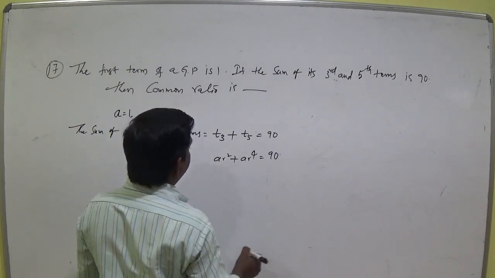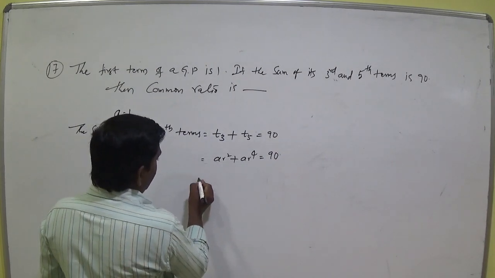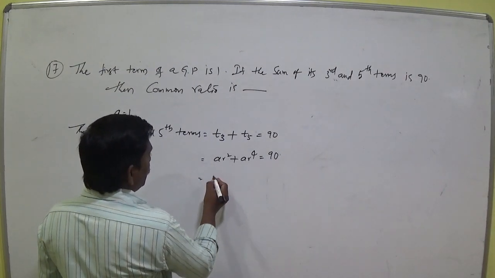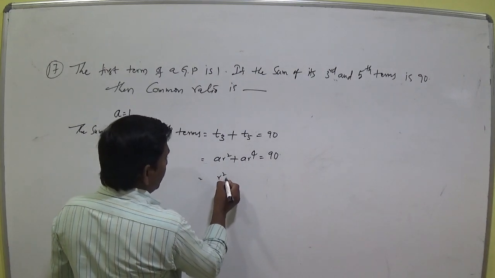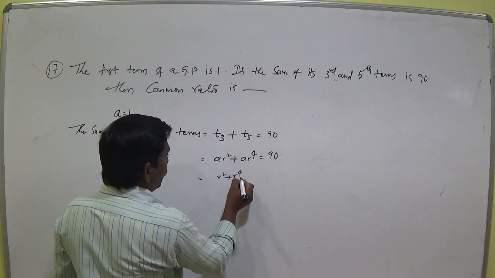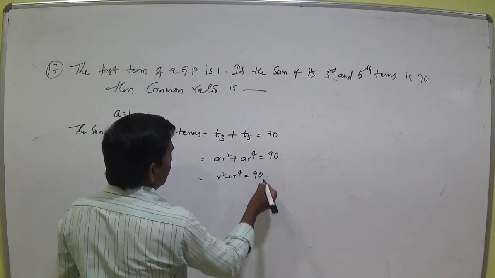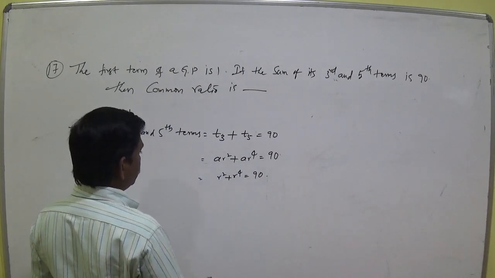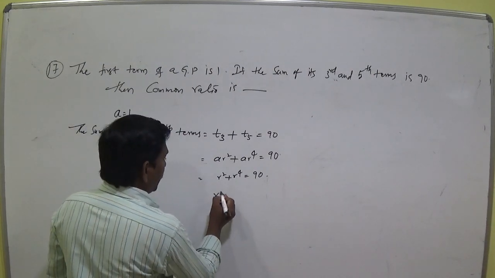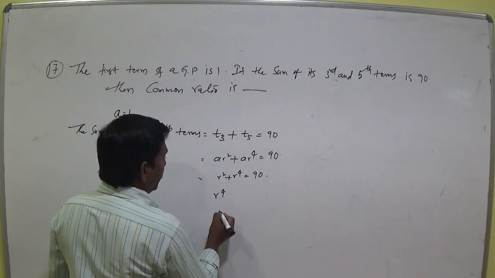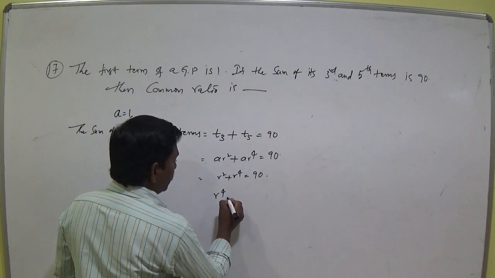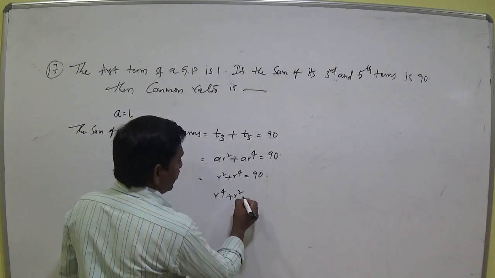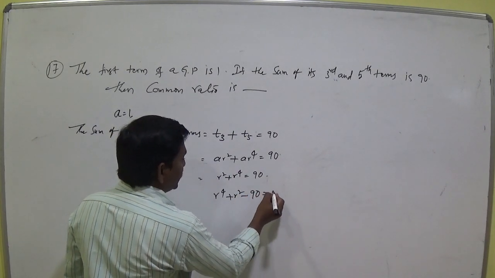Here A equal to 1, so R square plus R power 4 equal to 90. R power 4 plus R square minus 90 equal to 0.